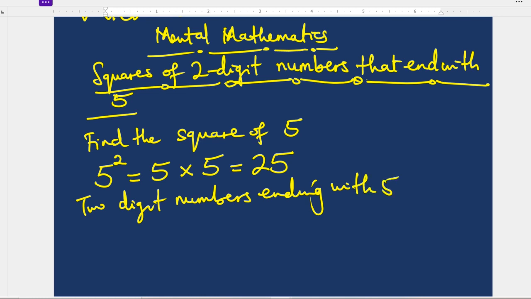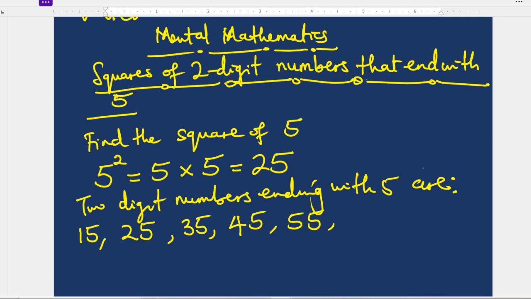The 2-digit numbers that end with 5 are 15, 25, 35, 45, 55, 65, 75, 85, and 95. So these are all the 2-digit numbers that end with 5.